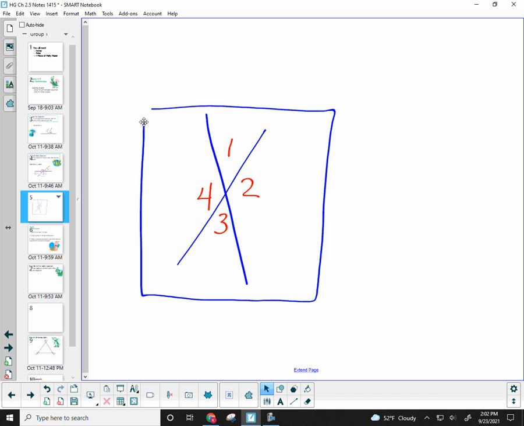So open it back up and compare for angles 2 and 4. Did it work again? Kind of.